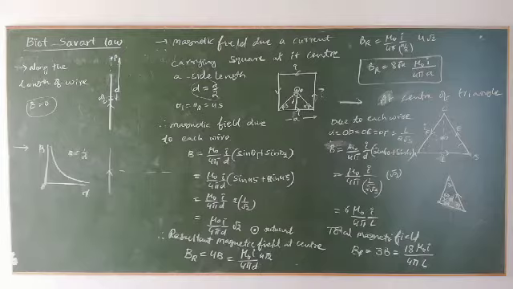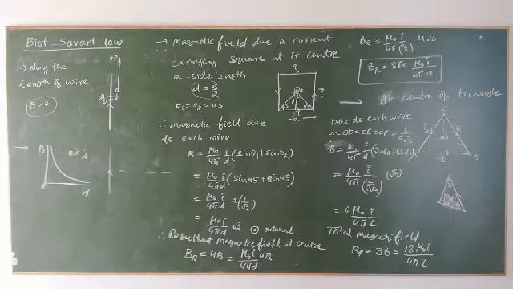So mu naught by 4 pi I by L, and when 2 root 3 comes to the numerator, it multiplies, 2 root 3 into root 3, 6. But you have to calculate the entire magnitude.